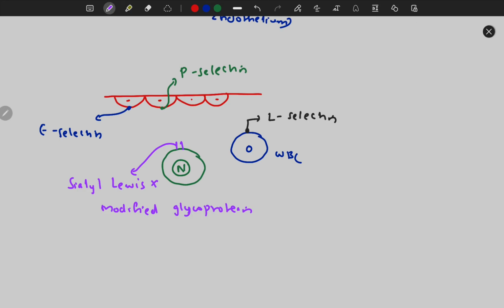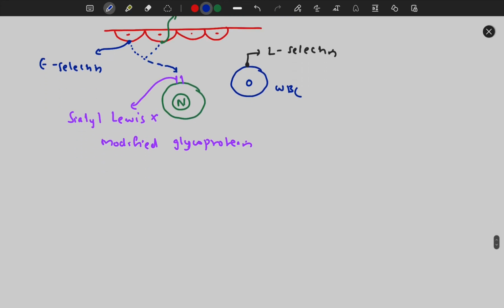The complementary molecule for this E-selectin and P-selectin is the Cellular Lewis X modified glycoprotein. So they will be binding for rolling to take place.